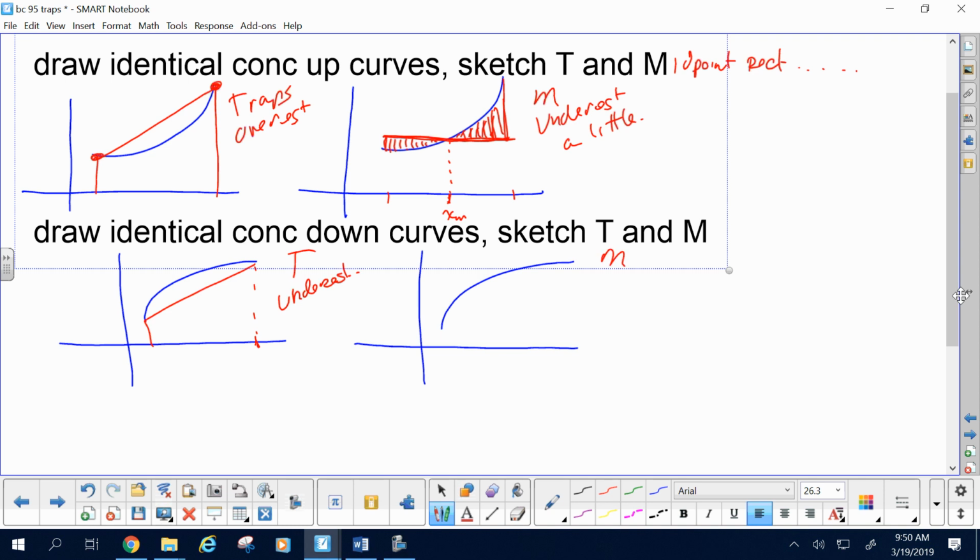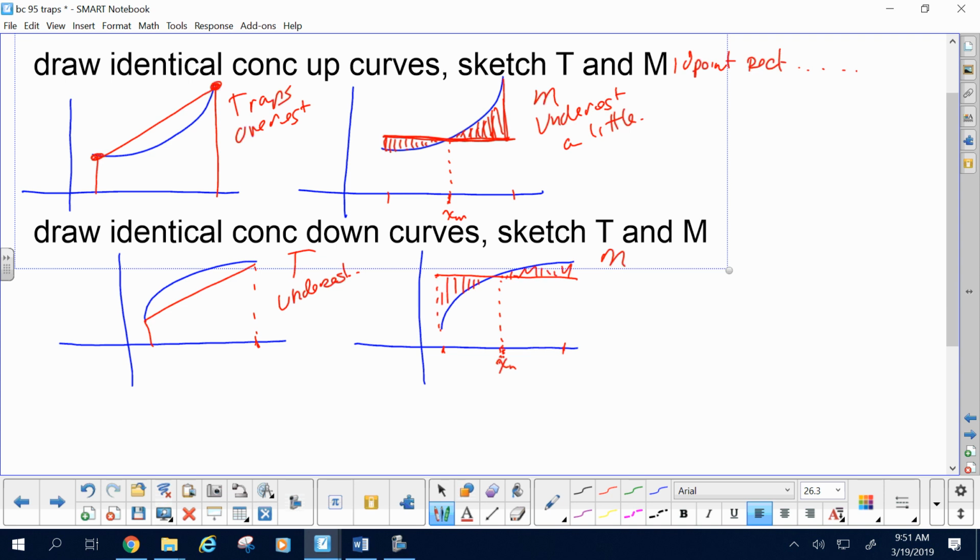Now draw a midpoint. Here's the middle of the x interval is here. Go up to the curve, draw a straight line over, and let's talk about the shading here.